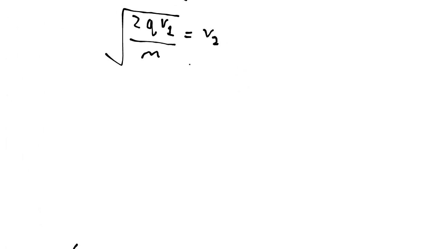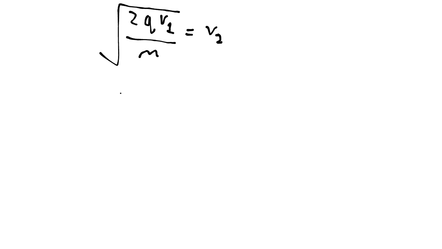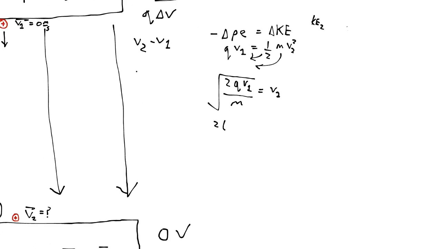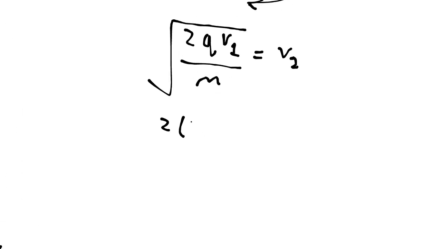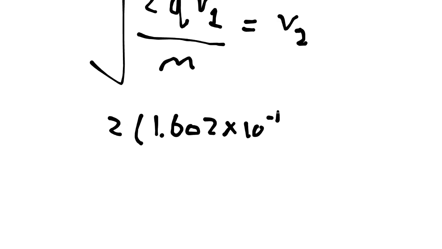So this is going to become 2 multiplied by the charge. So we're going to use the elementary charge, sorry, because it is a proton. So that'll be 1.602 times 10 to the power of negative 19. That's coulombs.